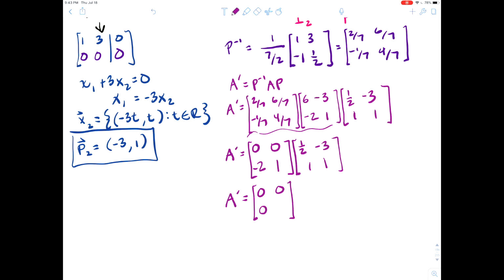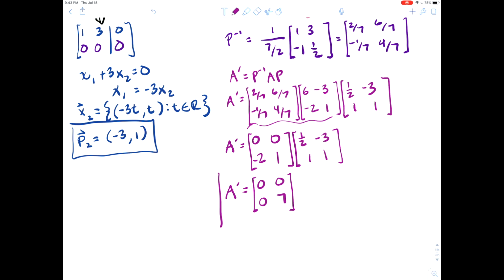And then 6 plus 1 is 7. And so look at that. Isn't that kind of groovy? Isn't it diagonal? Yes, one of the values on the main diagonal is 0, but you still have a diagonal matrix. Isn't that very groovy?